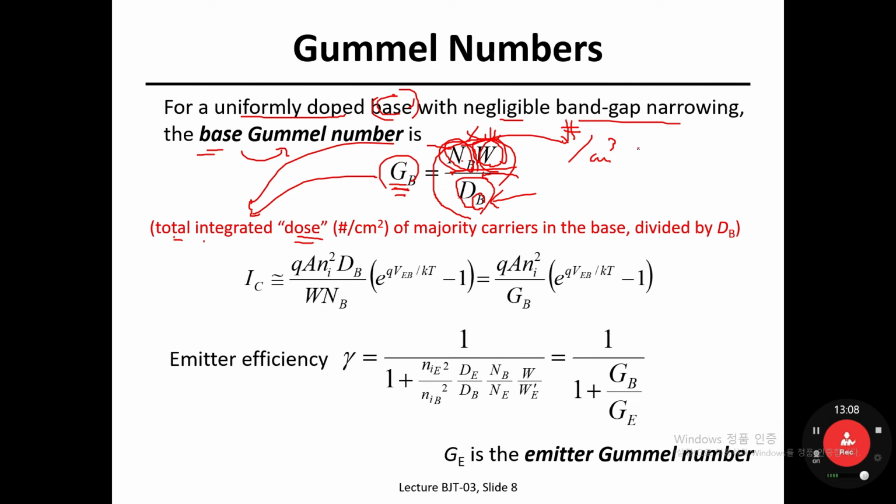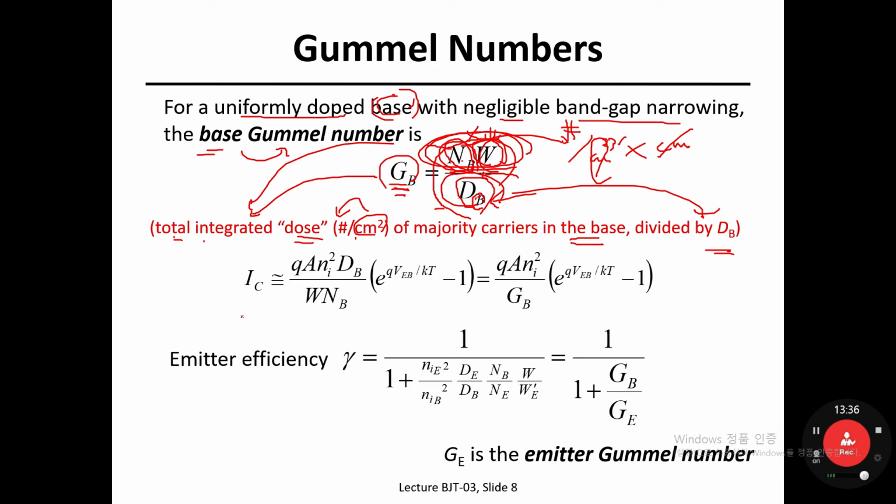But since I have multiplied by the physical width of the quasi-neutral region of base, in the unit of centimeters, in the end, for a given area, how many dopant atoms can be found in the base? Okay, so the majority carriers in the base are indicated by this NB times W, and divided by what? Yeah, the diffusion constant in base.